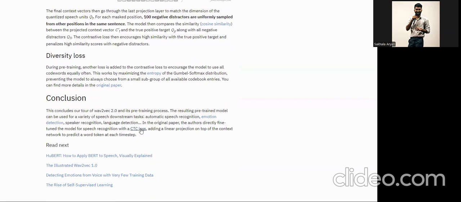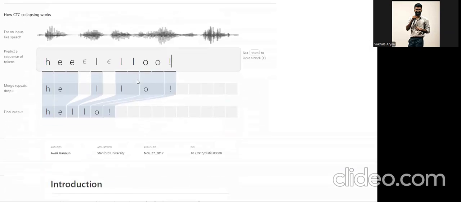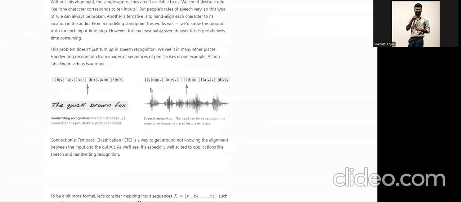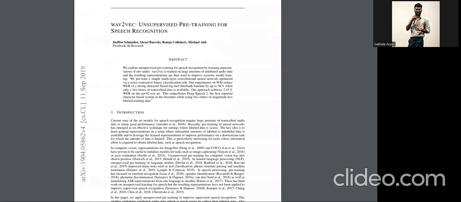In the paper, they are using CTC loss. CTC loss is where you try to match each level with the word. It is also called connectionist temporal classification, because every phone has its wording, and they are trying to match it. So this is the CTC loss they use, also mentioned in their paper.